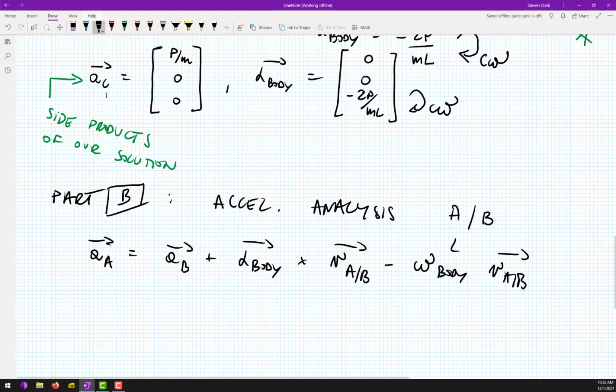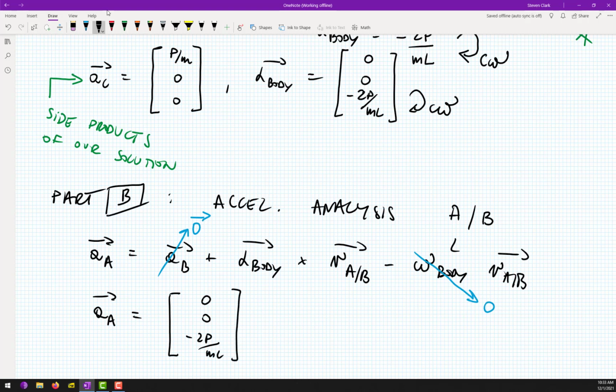Story is exactly the same. So this is 0 because the system starts from rest. This is 0 vector because they told us. And AA is equal to 0, 0, minus 2P divided by ML times 0, L, 0. Right? Because this is our vector, RAB.